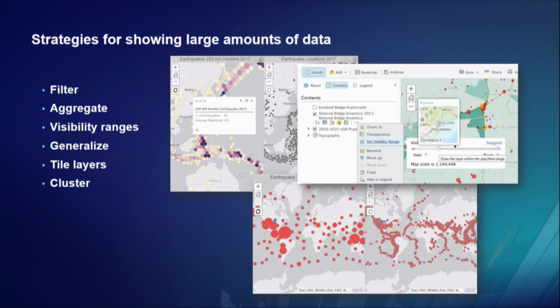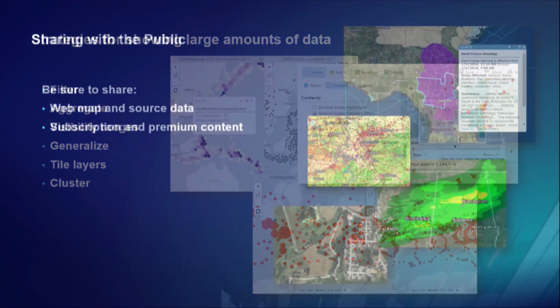Obviously for points, this works if you've got, for example, the earthquake data. Maybe it makes sense to cluster and show at small scales, where there's a greater density of these earthquakes occurring. And then as you zoom in, you turn that clustering off and you can look at the individual features. That's another common technique. So just continue to think about these as potential options for handling those large amounts of data.